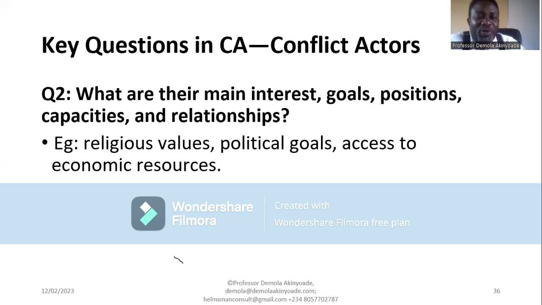The main interest of INEC is to conduct a free and fair election and ensure that the most voted candidate wins. What is the main interest of Bola Ahmed Tinubu? What is the main interest of Atiku? What is the main interest of Peter Obi?